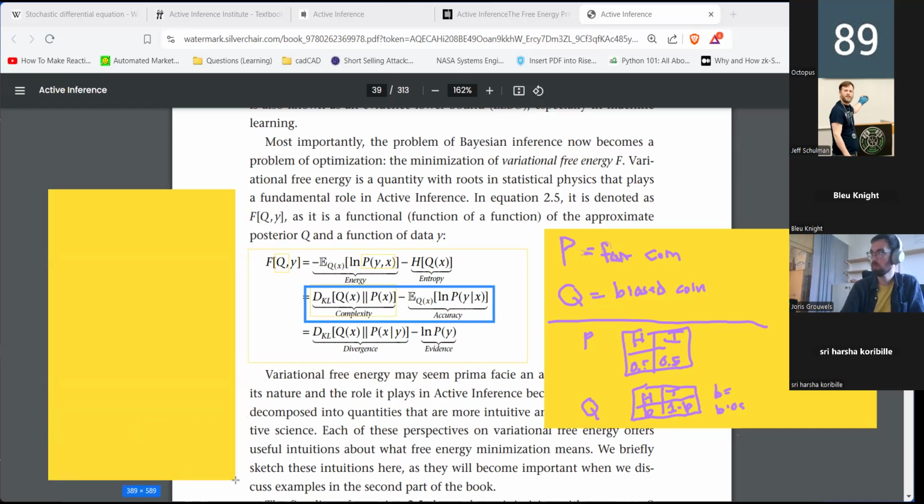So the complexity is D sub KL, Q of x double line P of x, the Kullback-Leibler divergence of this.